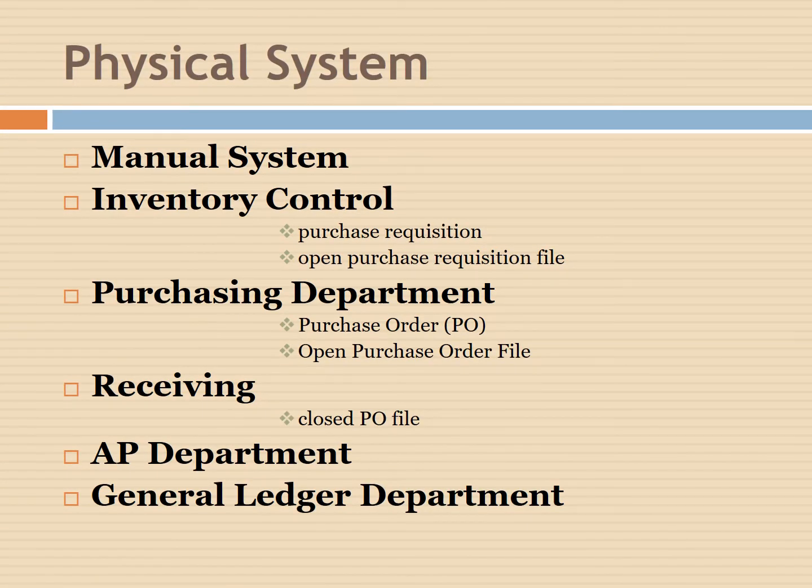So there are six types of physical system: the manual system, inventory control, purchasing department, receiving, accounts payable department, and the last one is the general ledger department. In the manual system, its purpose is to support the conceptual treatment of the systems presented.